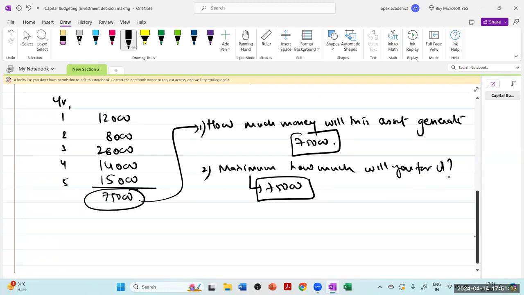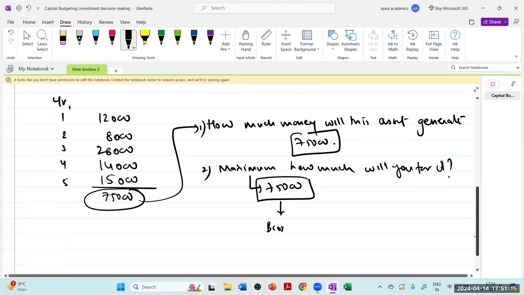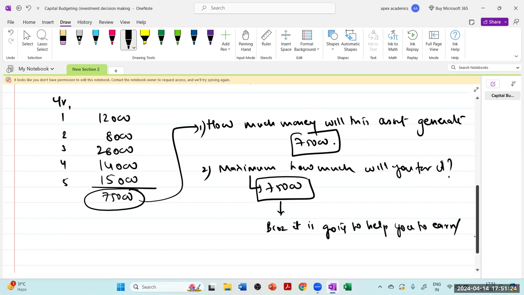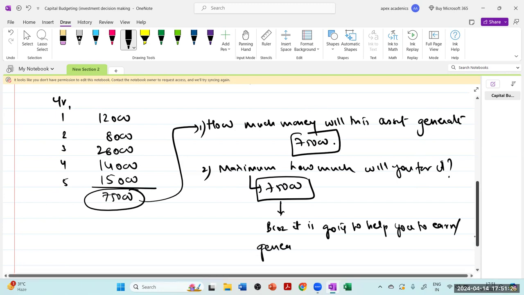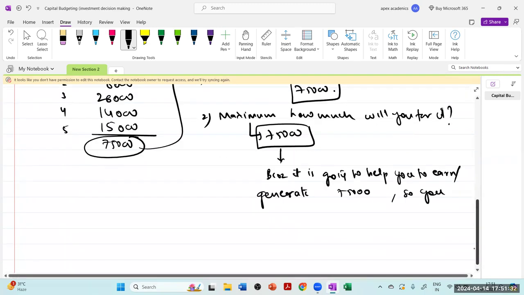Maximum, how much will you pay for it? 75,000, because it is going to help you to earn or generate 75,000. So you cannot pay more than 75,000 for it.